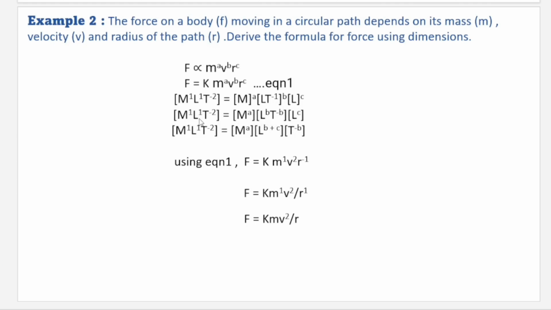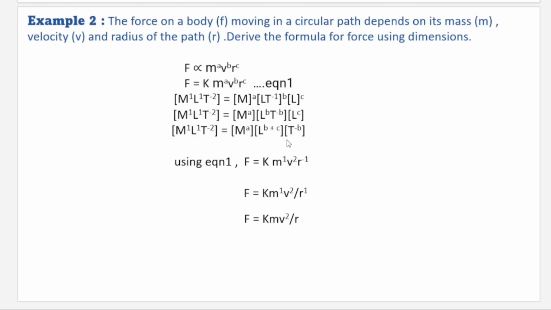So M1 L1 T minus 2 is equal to M^a L^b T^minus b L^c. The next step is getting together the same fundamental units. So we get M1 L1 T minus 2 is equal to M^a L^(b plus c) T^(minus b).